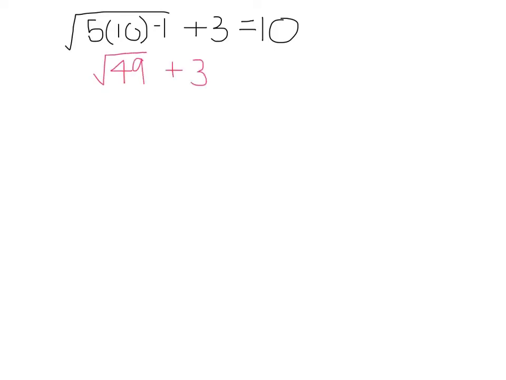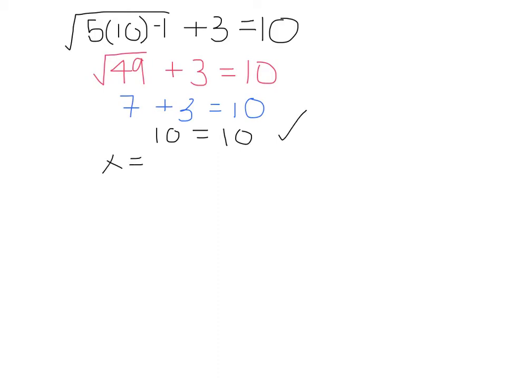The square root of 49 is 7. And then 7 plus 3 is 10. So x equals 10 is one of my solutions.